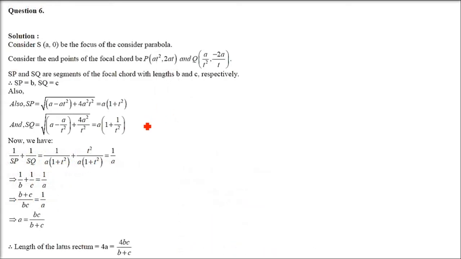Question number 6. If b and c are the lengths of the segments of any focal chord of the parabola y square equals 4ax, then write the length of its latus rectum. So y square equals 4ax is there. Let me make the figure first. So this is the figure here.